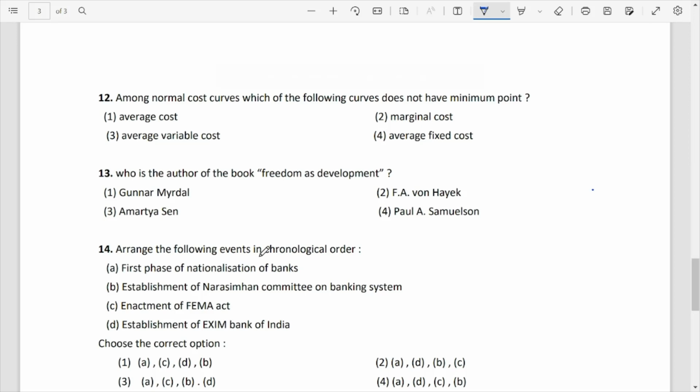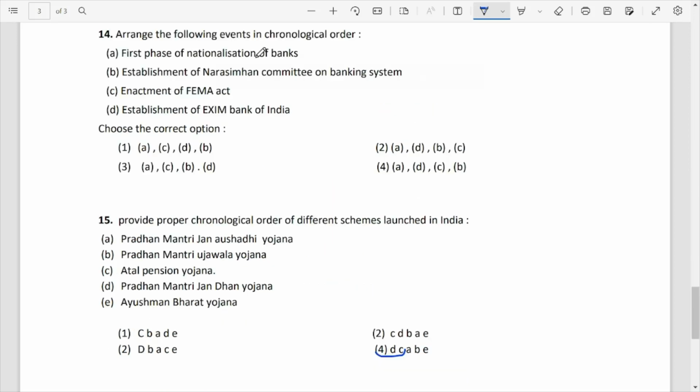The first phase of nationalization of banks happened in 1969. 14 banks were nationalized, and then establishment of National Committee on Banking System 1998, and then enactment of FEMA Act. This happened in 1999, Foreign Exchange Management Act, and then establishment of Exim Bank, Export Import Bank of India. This was established in 1982. So A is the first, then D, B, and C. So A, D, B, and C. So 2 is the correct option.